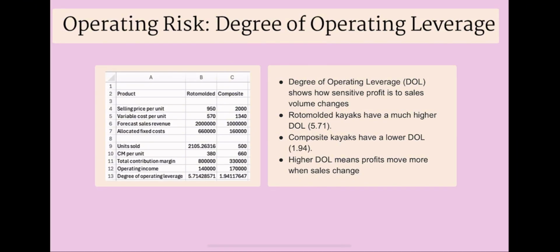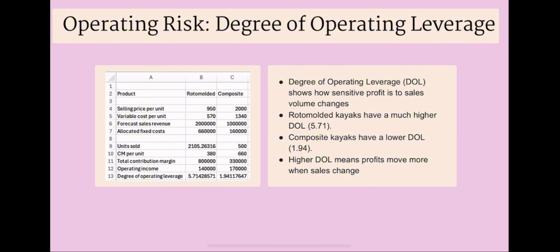So looking at this first slide, these are the numbers I calculated using Excel for both kayaks. The DOL basically shows how sensitive profit is to changes in sales volume. So when I ran the numbers, the rotomolded kayaks ended up with a DOL of about 5.71, which is pretty high.